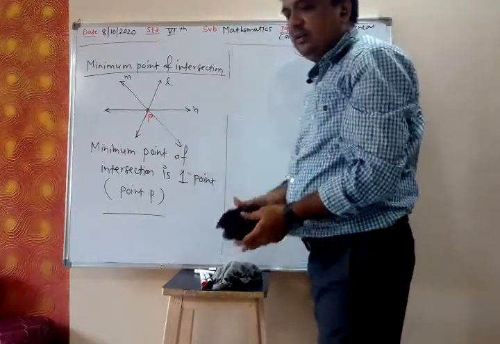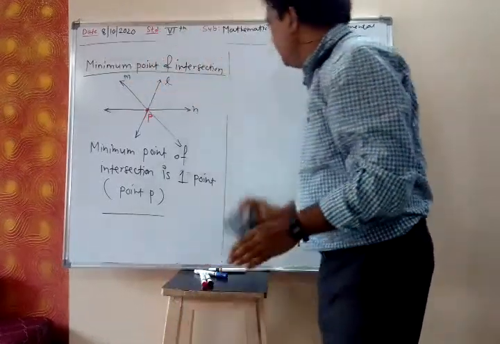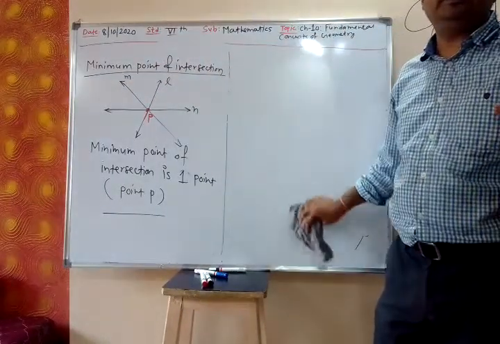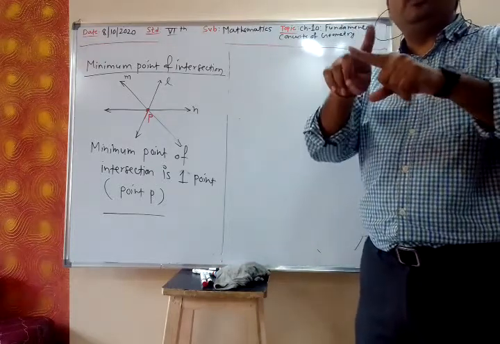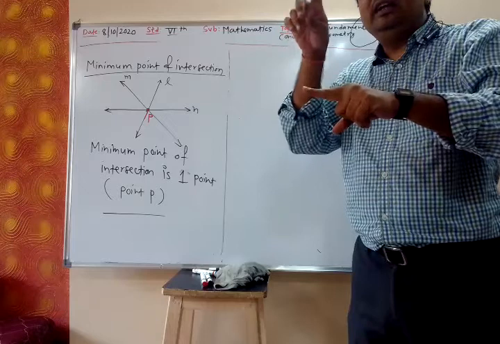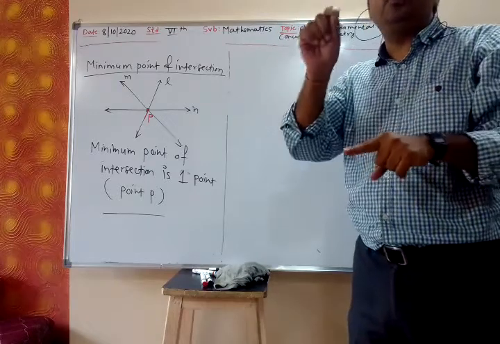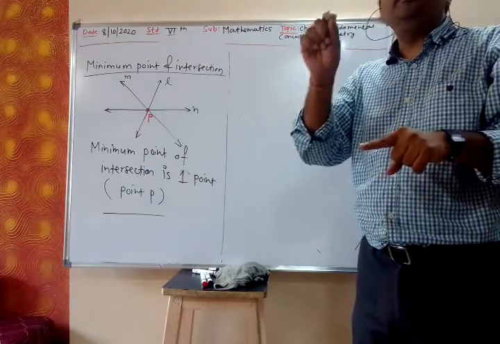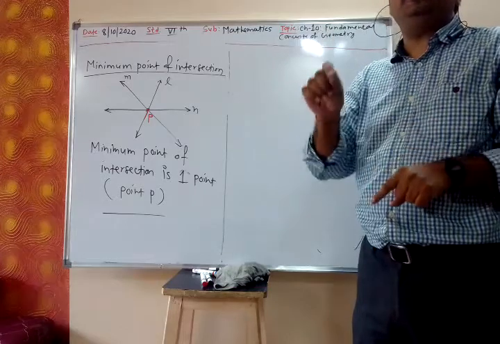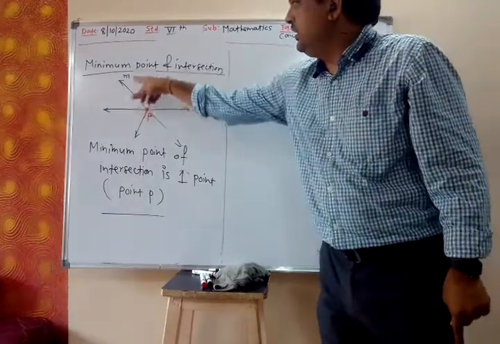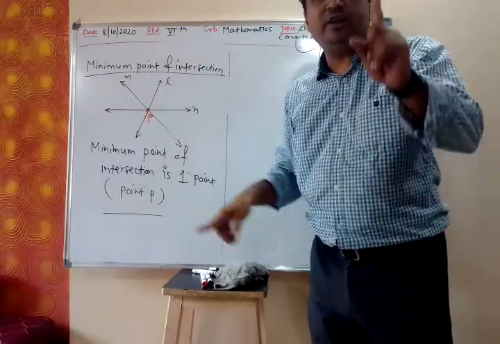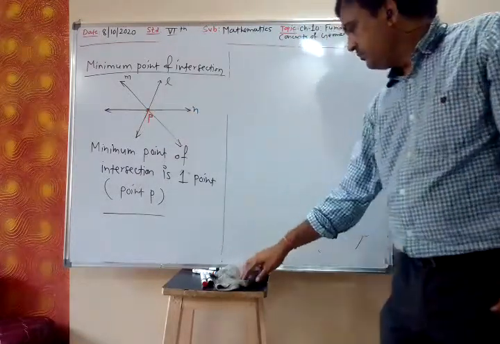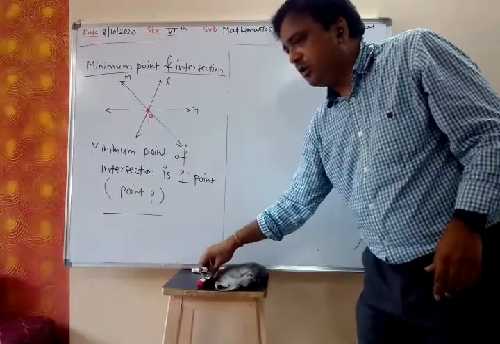You want to find the minimum point of intersection, so you will get it whenever all three lines intersect each other at one point. All three lines intersect each other at the minimum point, and that minimum common point is 1.